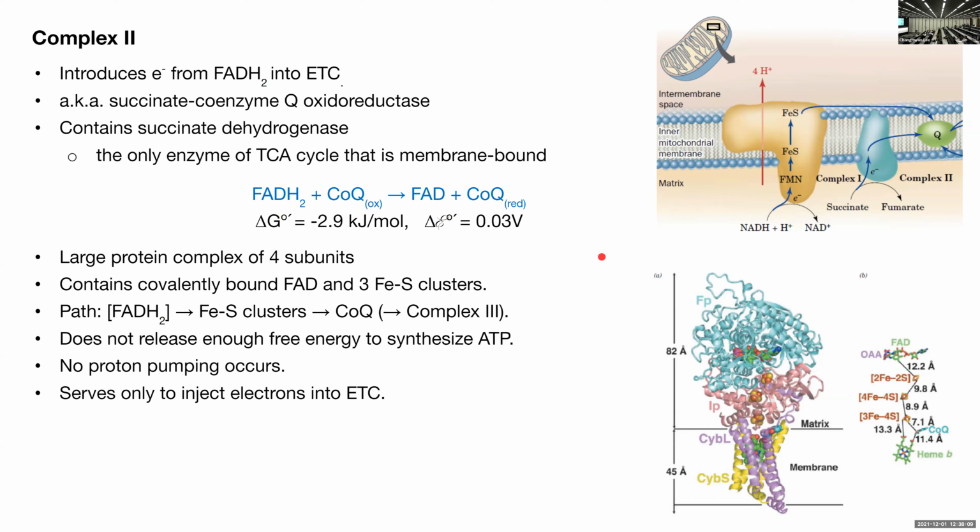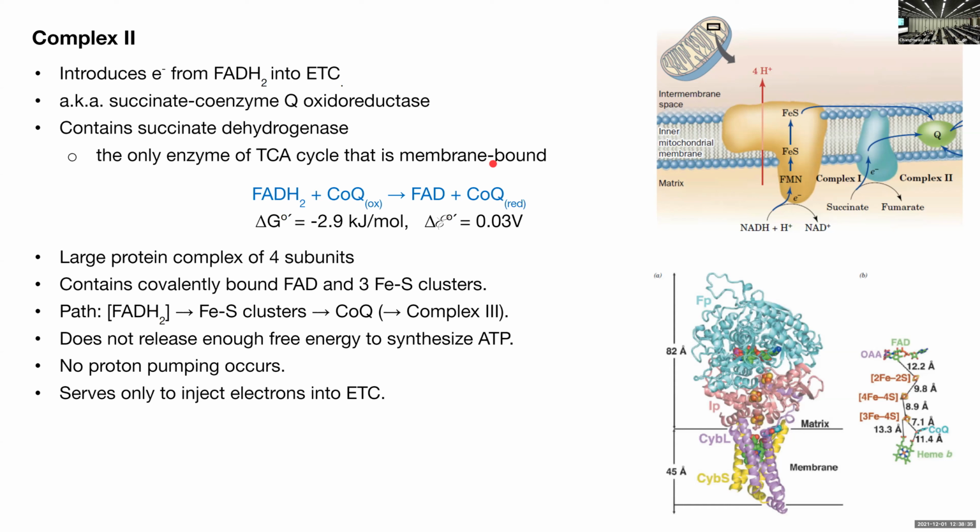It already has FAD there, but the FAD is reduced from the succinate to gain the electrons. So it also contains a succinate dehydrogenase to get rid of hydrogen electrons from that. And this is the only enzyme of the TCA cycle that is membrane bound.